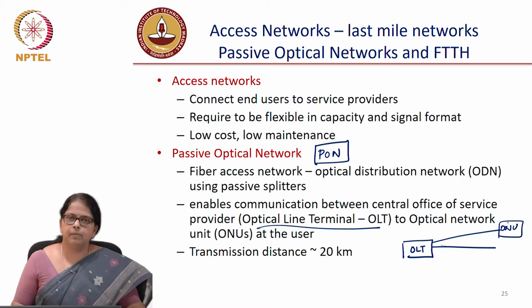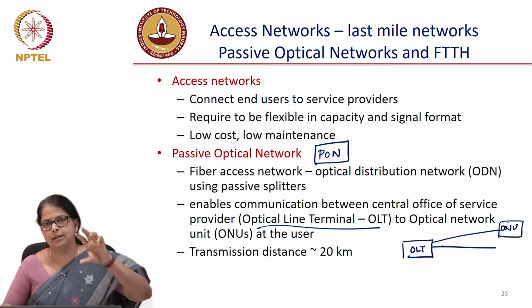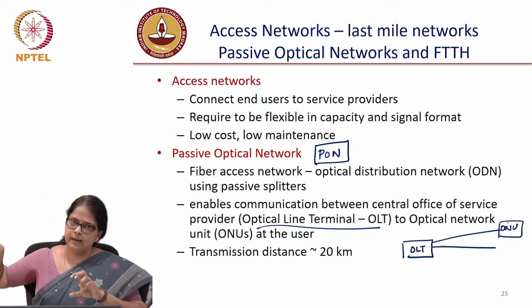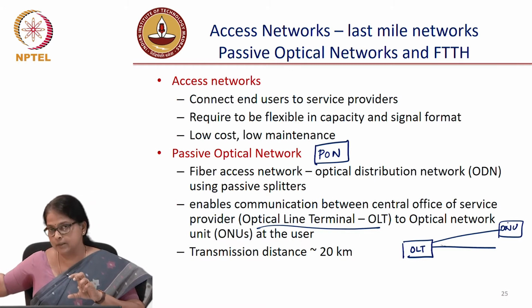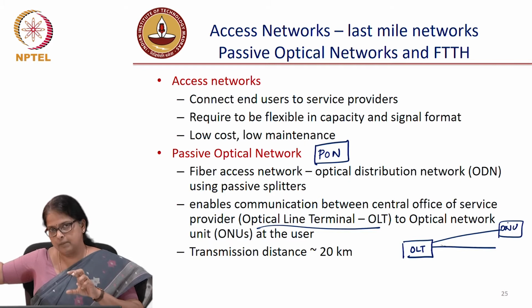So in an apartment complex, for instance, you could have the ONUs placed at the basement of your apartment, and the OLT could be placed in a central location in your apartment complex.